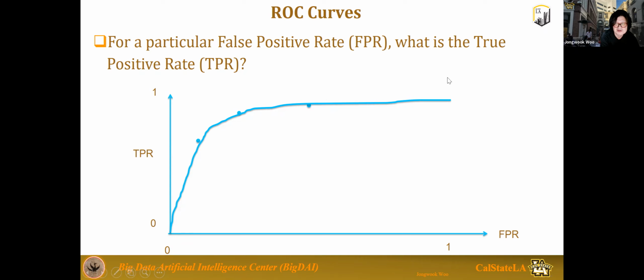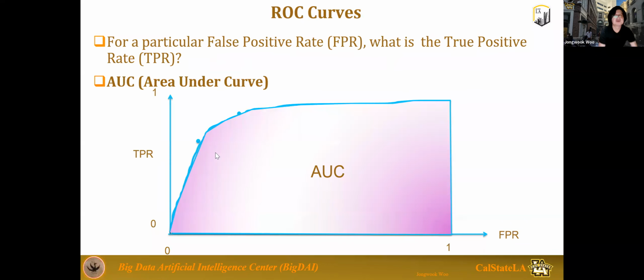You have a diagonal line that is like 50%, but your model that predicts the label has much higher values, like this. So this model you can use.